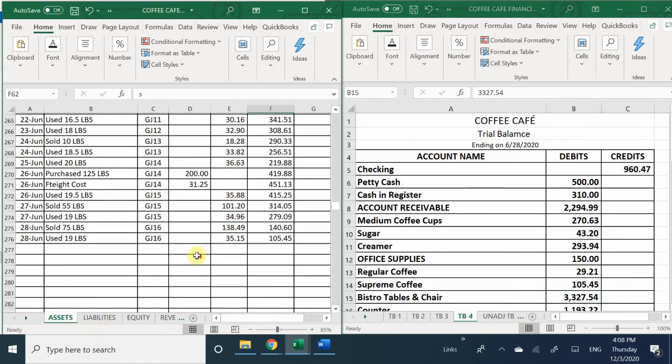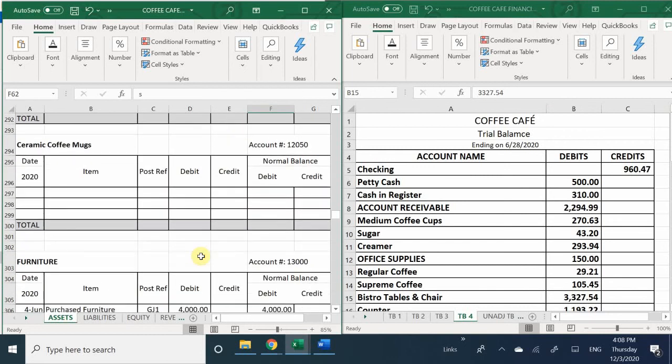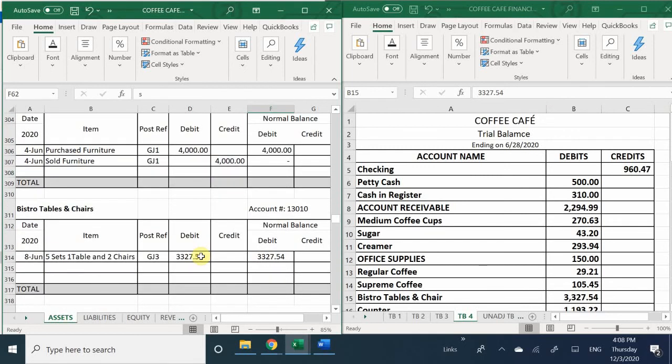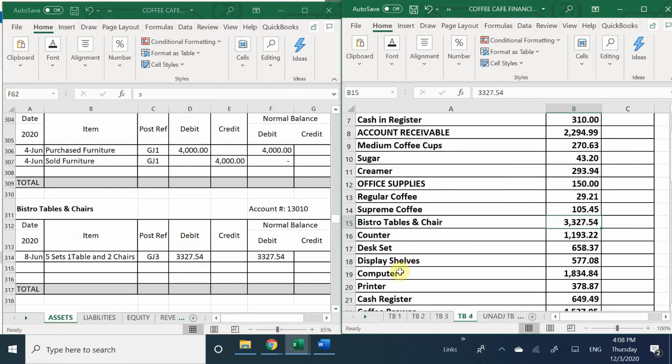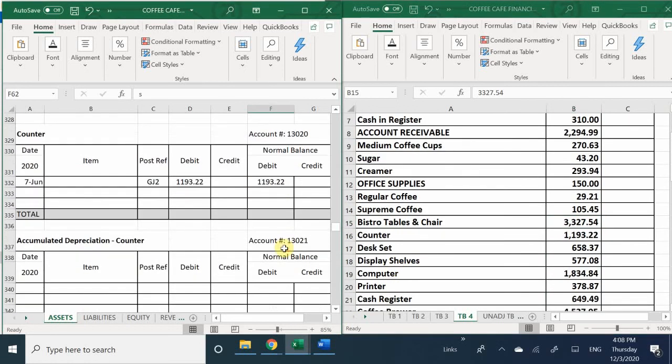Okay, so next account here is our coffee cups. We don't have it yet. Furniture, nothing in there. But our first one is our bistro tables and chairs. Did that account change? No. What about our counter? Nope.